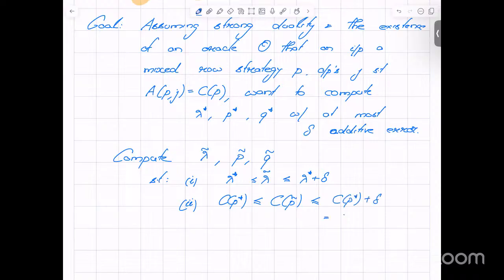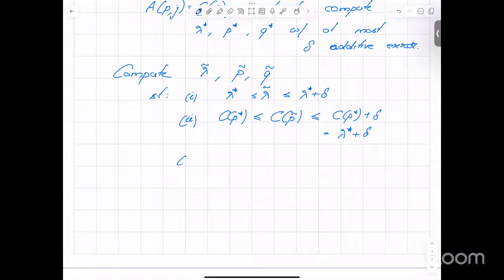This is lambda star plus delta. So P tilde will be some other mixed strategy which will be very close to P star. And similarly, RQ tilde will of course always be less than RQ star, but our goal will be to have it not too small compared to RQ star.